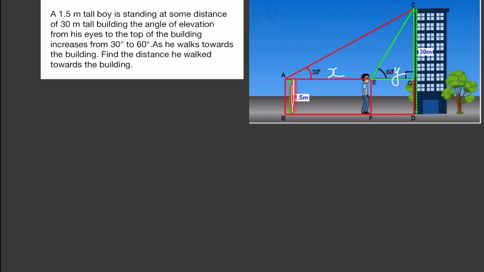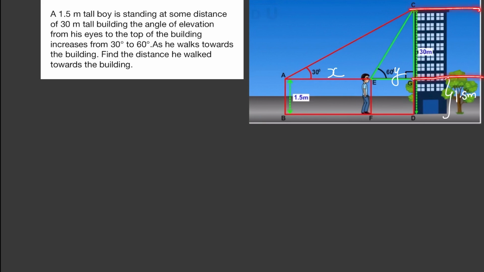We know that AB is the height of the boy, nothing but EF, which is also the same as GD. Hence, we can take this GD measurement as 1.5 meter. From the diagram, we know that the complete height is 30 meter. Now, when we deduct 1.5 meter from 30 meters, we are left with the remaining height.